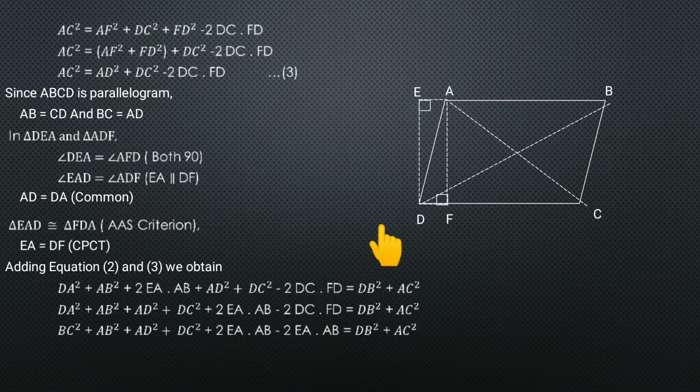Instead of DC we can write AB here, because in a parallelogram opposite sides are equal, and instead of FD we can write EA. Earlier we proved that this is equal to DB square plus AC square. Now both these terms are cancelled, and hence we have proved that the sum of squares of all the sides is equal to the sum of squares of its diagonals.